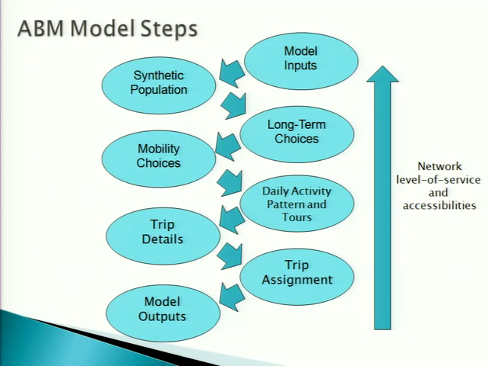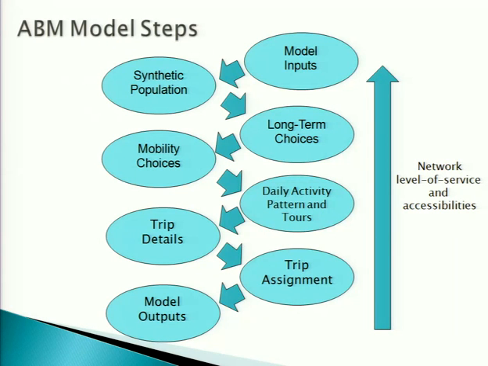So the activity-based model then is a little different than a four-step model, but similar. We take the model inputs, generate the population, and do long-term choices like where you work, a work location model, and mobility choice like how many cars you own in your household. Then generate a daily activity pattern for you, meaning do you go to work today or not, do you go to school today, and then generate tours.